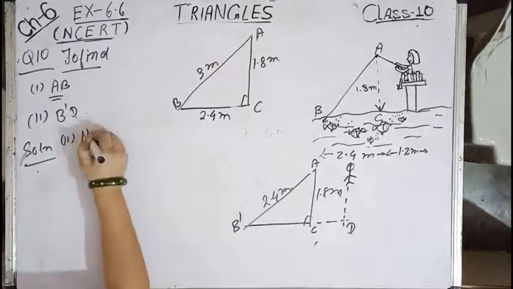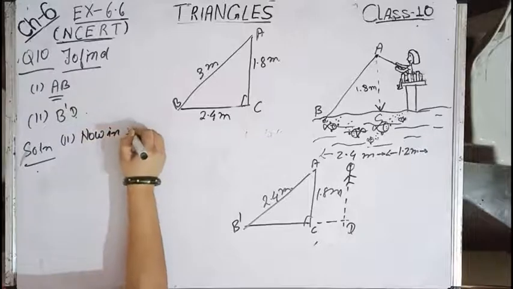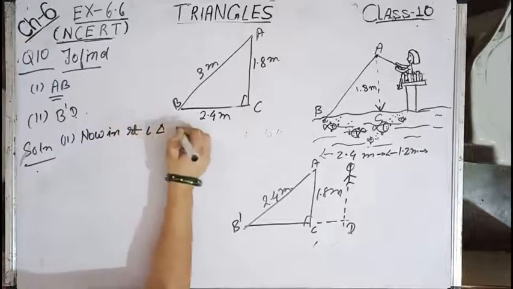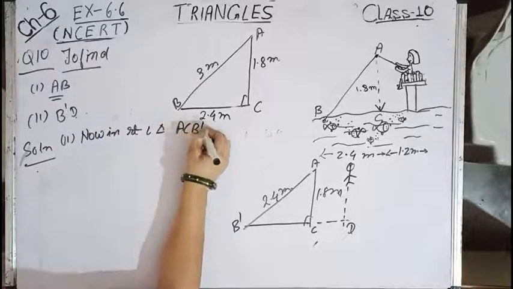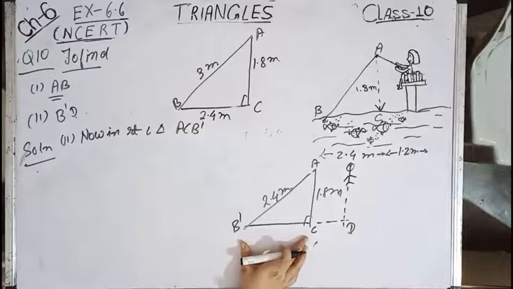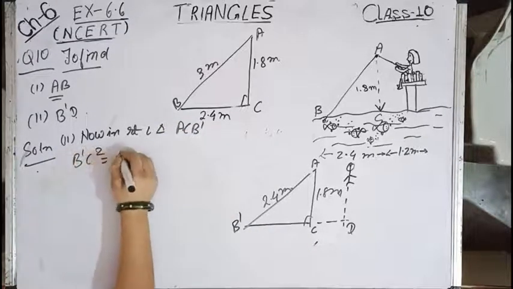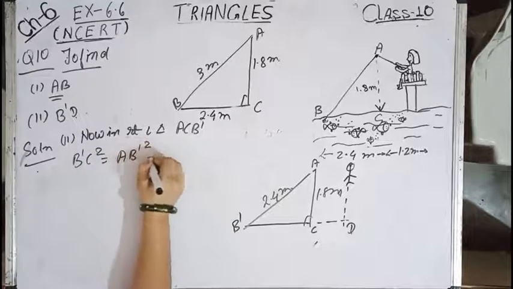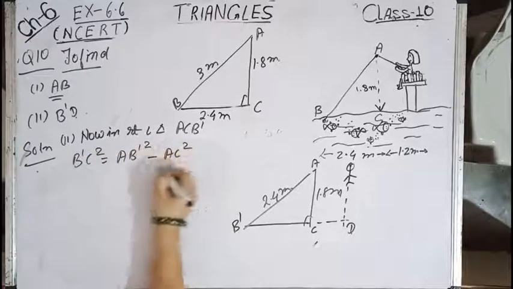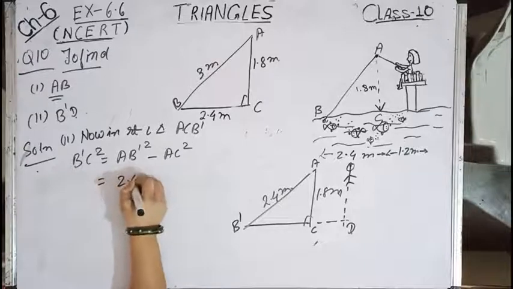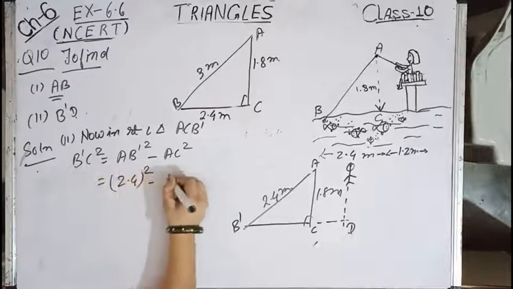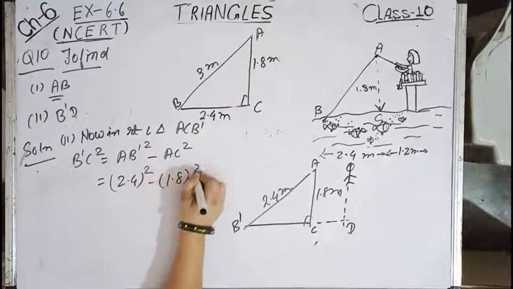Now in right angle triangle AC B dash, we have to first get the value of B dash C. So B dash C square will be equal to A B dash square minus AC square. Now A B dash is how much? 2.4 square minus 1.8 square.